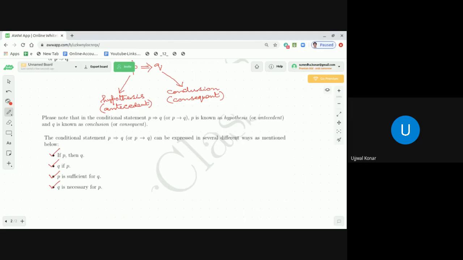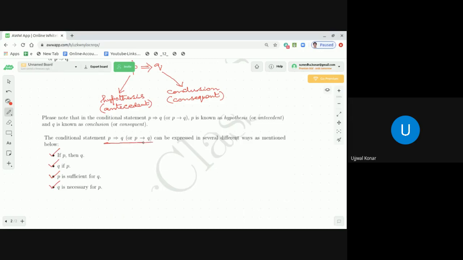If you note down all these four statements, if P then Q, Q if P, P is sufficient for Q, Q is necessary for P, all converge to the same conditional statement, P implying Q or P arrow Q.